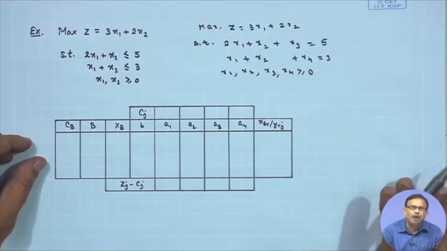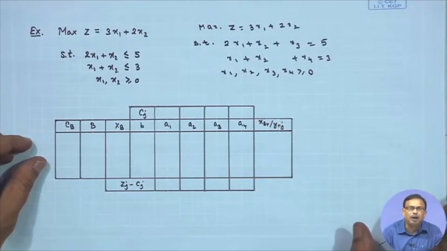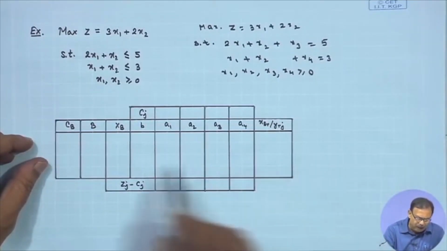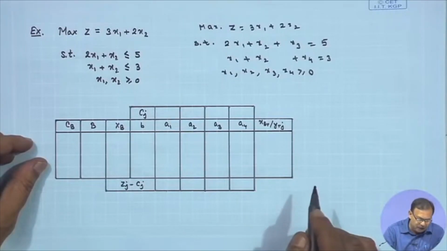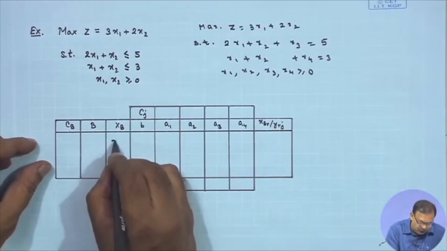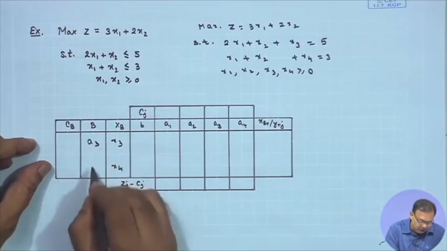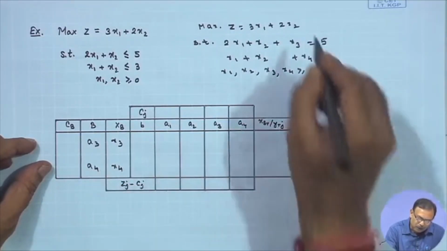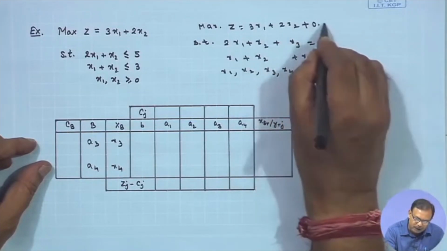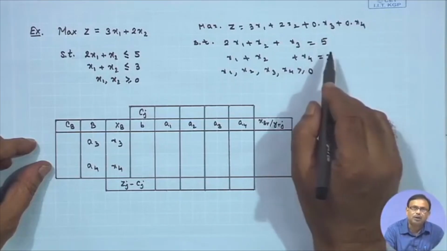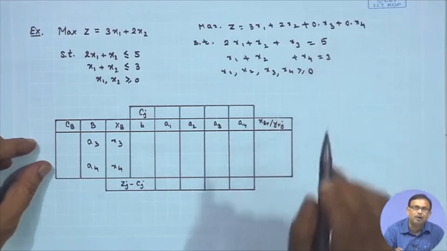So, the basis will be x 3 equals 5 and x 4 equals 3, or in other words the vectors in the basis will be x 3 and x 4 respectively. So, let us first formulate the initial table. Here you are having x 3 and x 4, so that here you are having a 3 and a 4. Of course, the coefficients of these slack variables are 0 in the objective function. So, you are writing 0 into x 3 plus 0 into x 4.